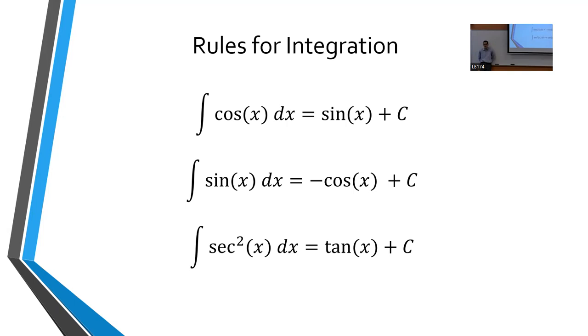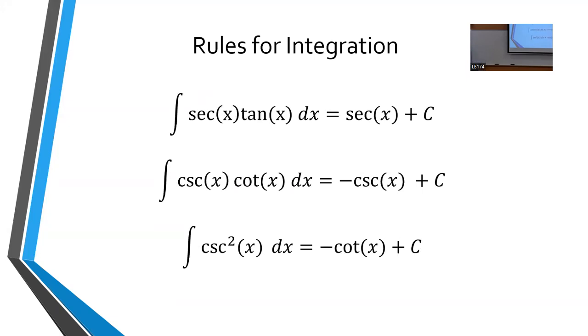So that means if you integrate secant squared with respect to x, you get back tangent plus c. So those are basic trig integration things that we're going to use all semester.